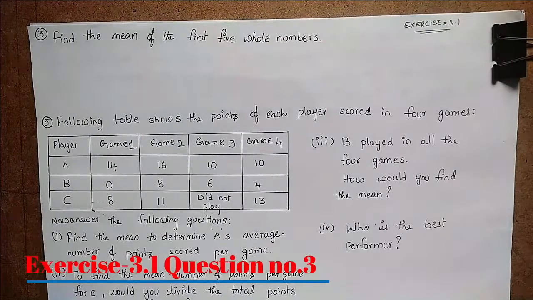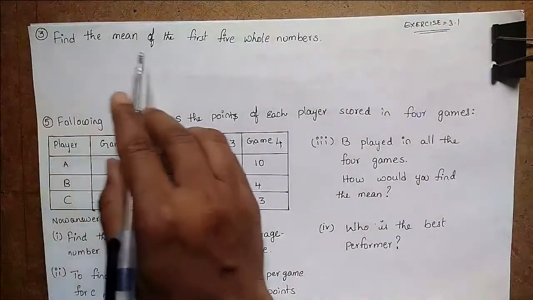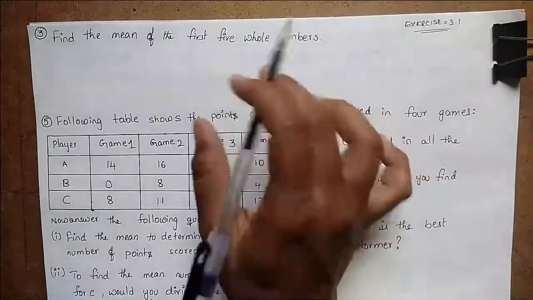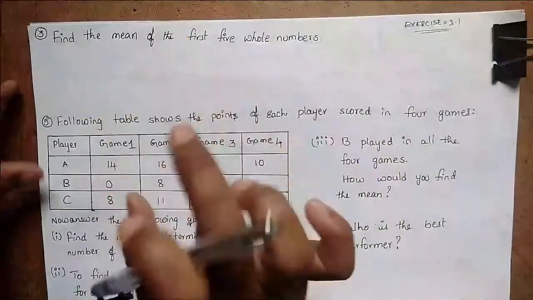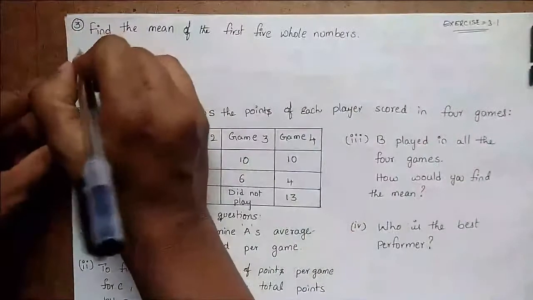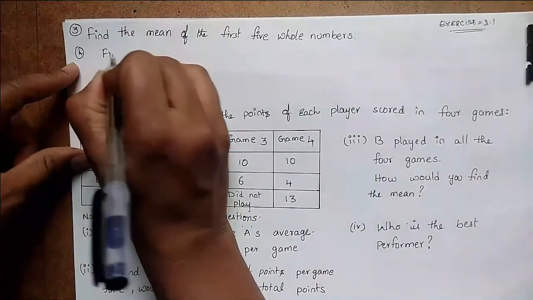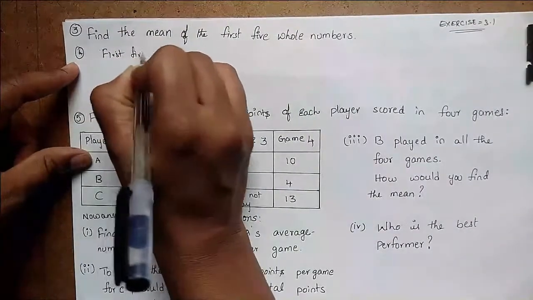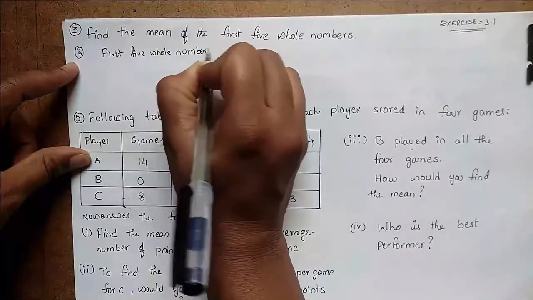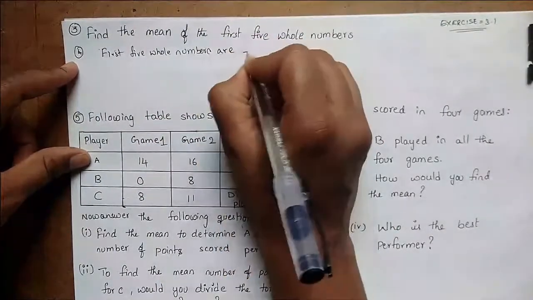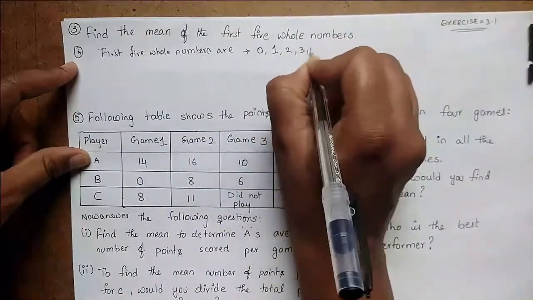Now I take an exercise problem from exercise 3.1. Question number 3. Find the mean of the first 5 whole numbers. There are whole numbers in our maths, so we have to calculate the mean for the first 5 whole numbers. The first 5 whole numbers are, starting from 0: 0, 1, 2, 3, 4.